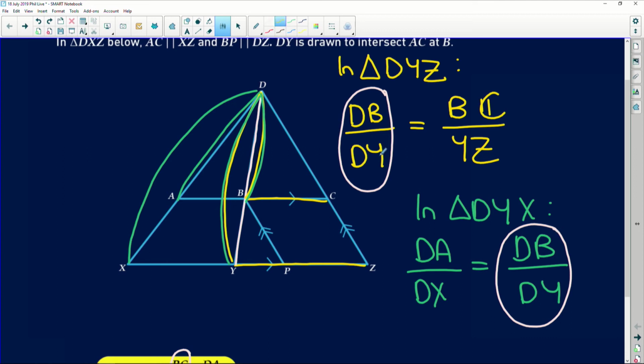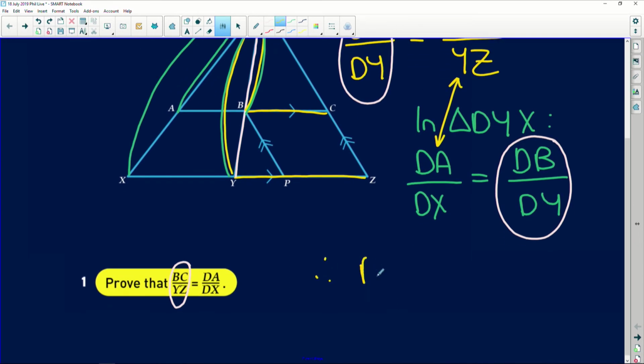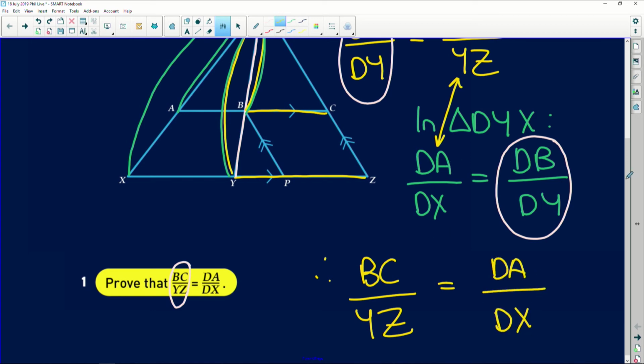So the moment it's equal to this and that, it means that these two expressions are equal to each other. So therefore, BC over YZ is equal to DA over DX.